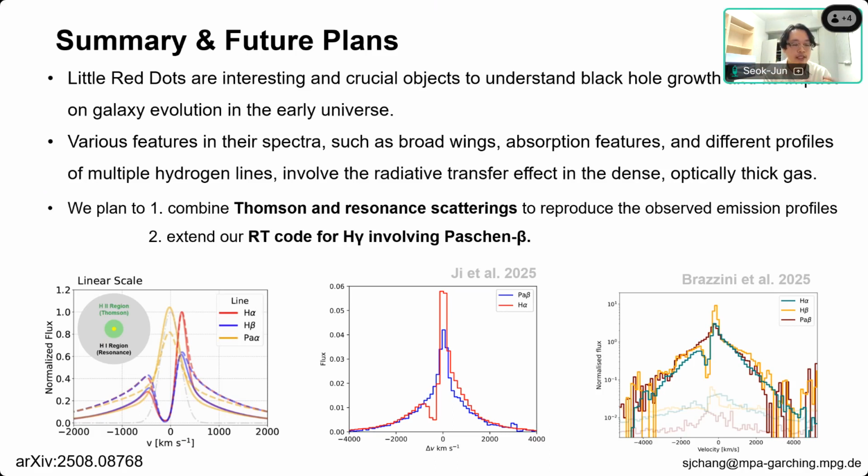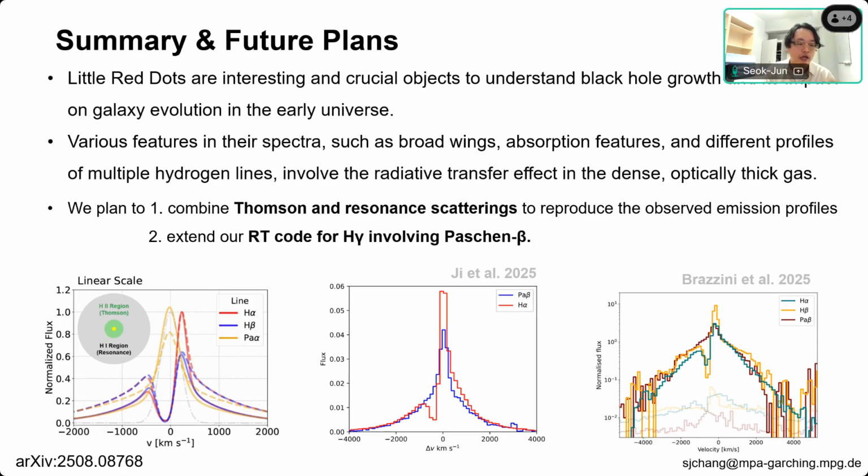So how do we set up realistic modeling? For example, what is the gas condition, and in the hydrodynamics, is it stable or not? That is still a caveat. One of the postdocs at MPA is now working on a hydro simulation for LRDs.